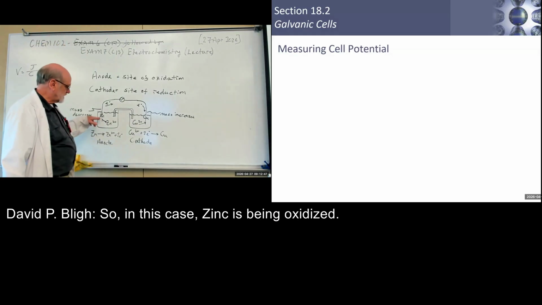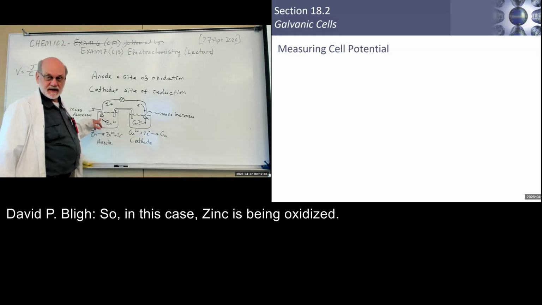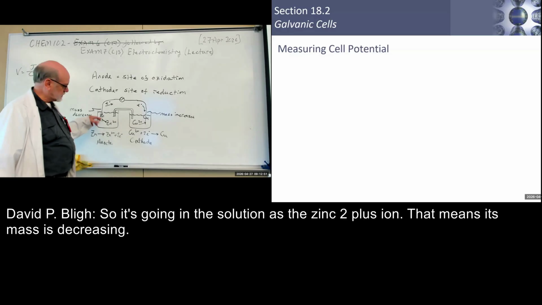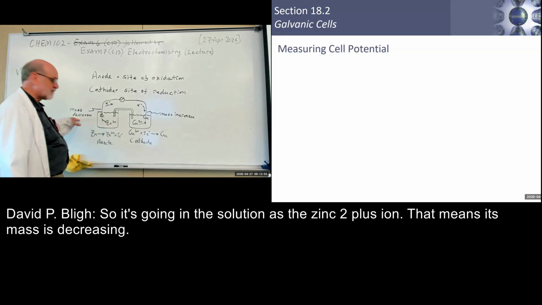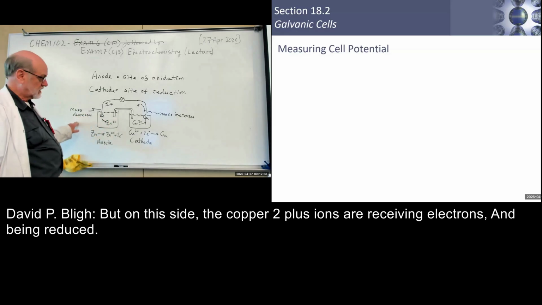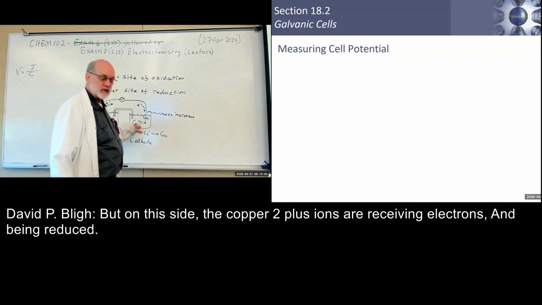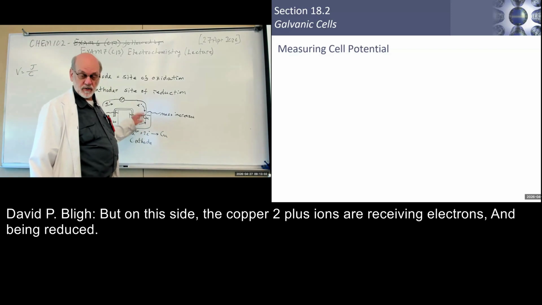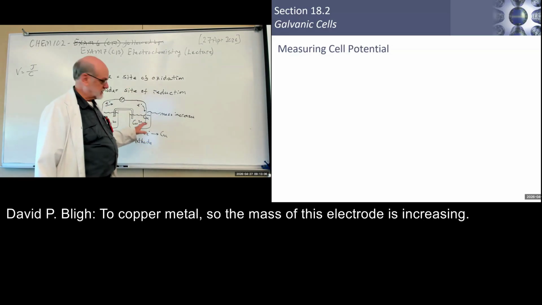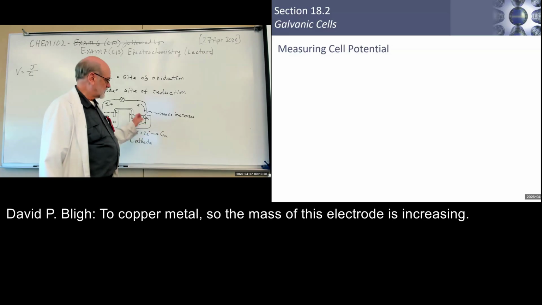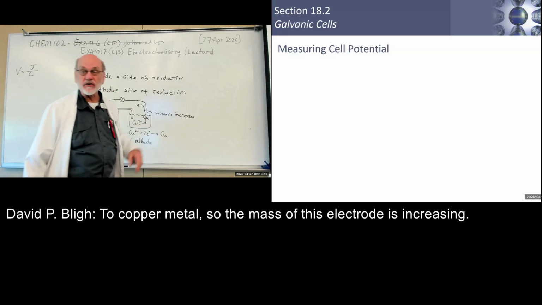Zinc is being oxidized, so it's going into solution as the zinc 2+ ion. That means its mass is decreasing. But on this side, the copper 2+ ions are receiving electrons and being reduced to copper metal, so the mass of this electrode is increasing.